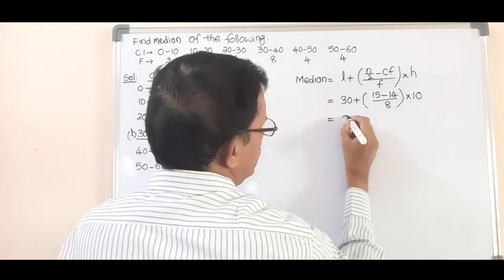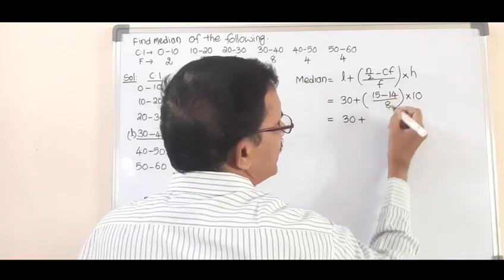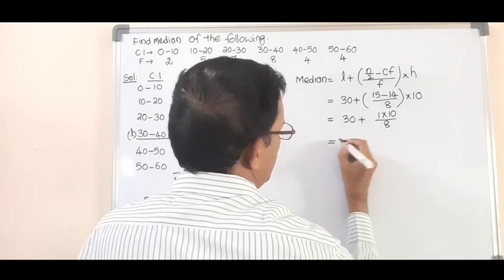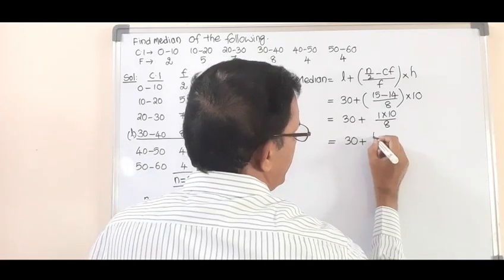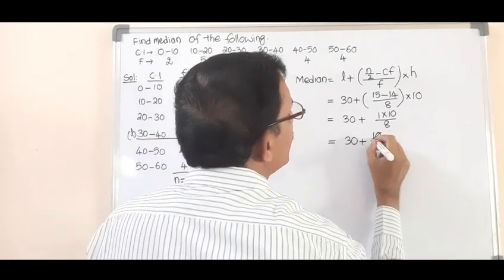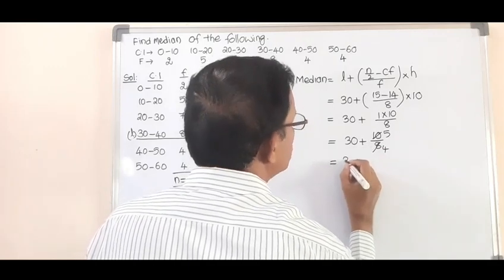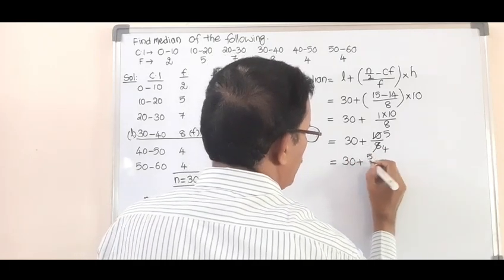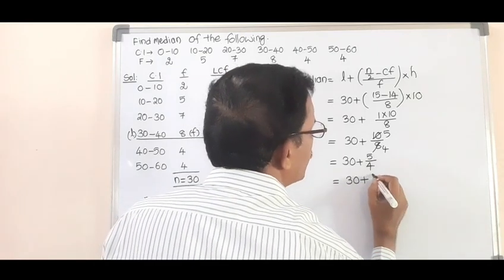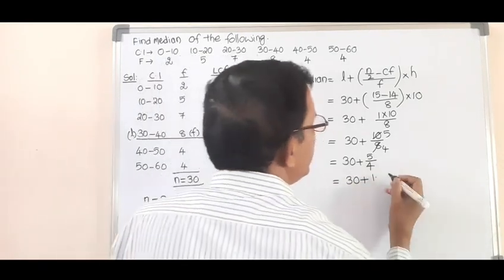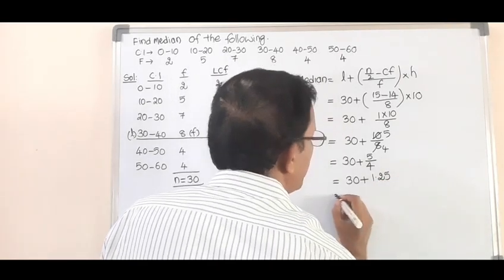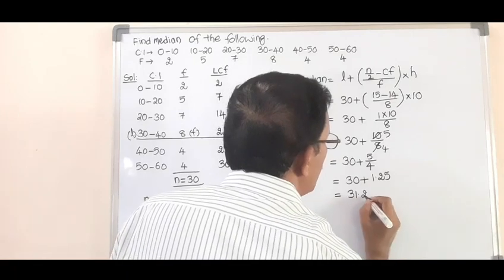This is equal to 30 plus 15 minus 14, 1, into 10 by 8. This is equal to 30 plus 10 by 8, which is 5 by 4. 4 1s are 4, 1 is left. 4 2s are 8, 2 is left. 4 5s are 20. That is equal to 31.25.